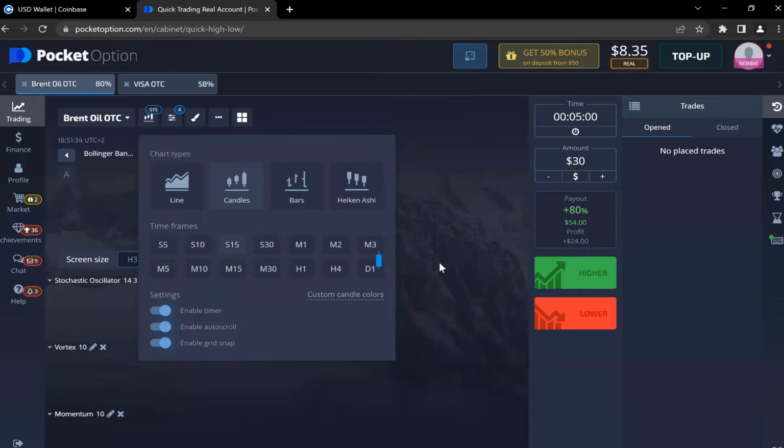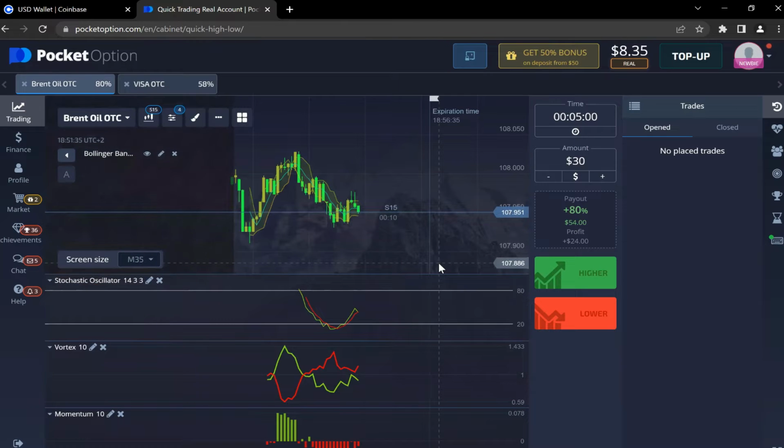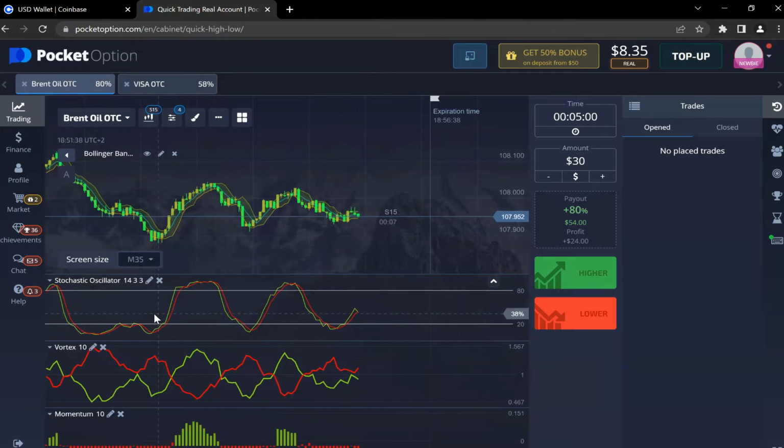Then I go to the 15-second time frame and look at my stochastic oscillator to see where these lines are. And this is when I like to set up my entry.